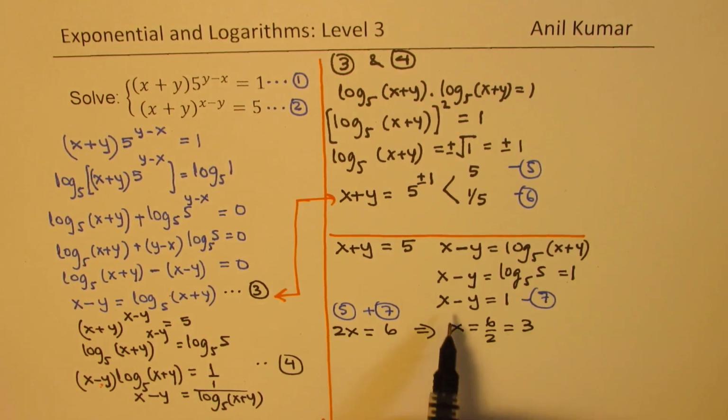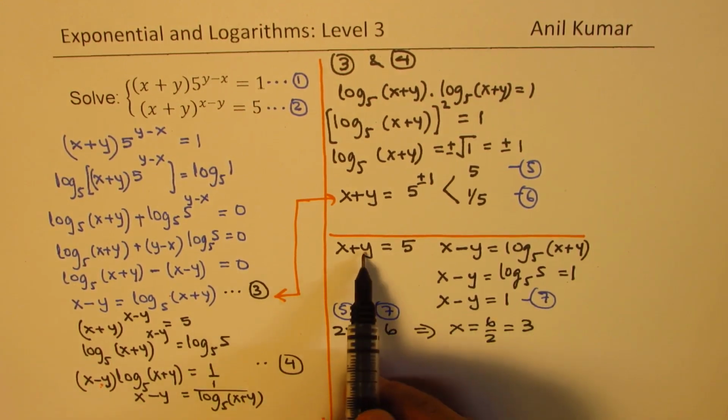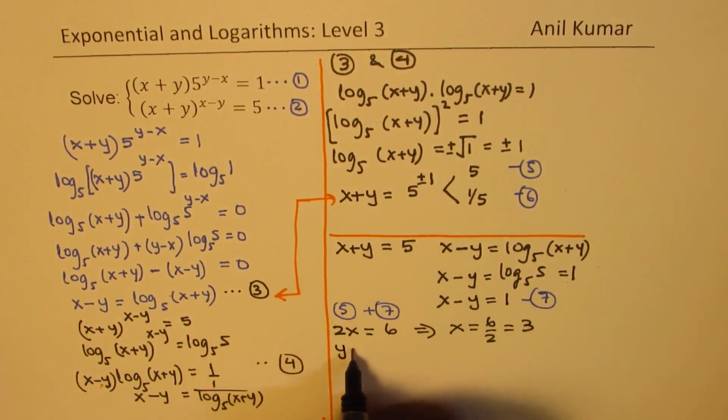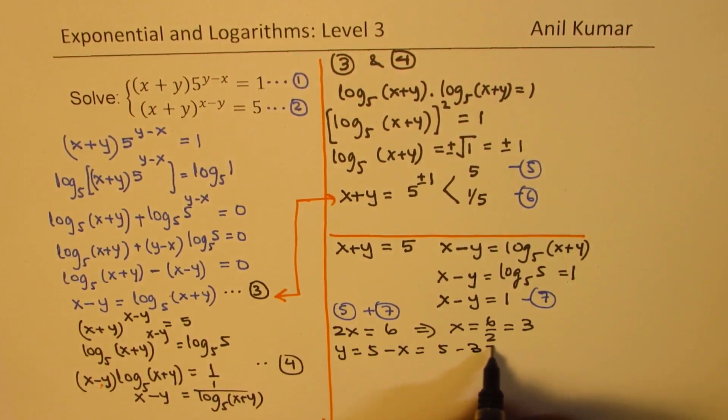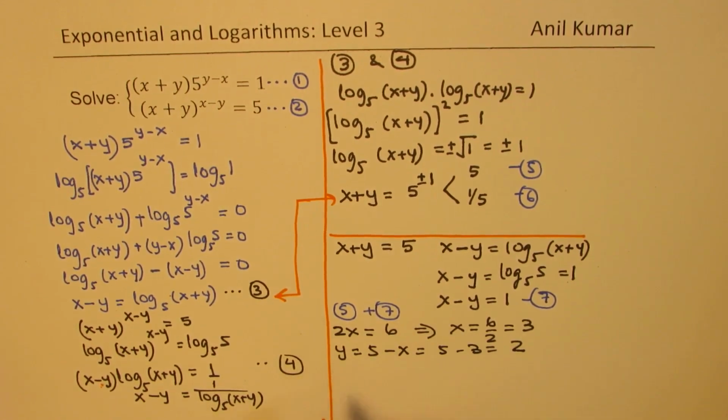Right, so if x is 3, then what is y? y is 5 minus x, so y is 5 minus 3 equals 2. So one set of values which you get here is 3 and 2, right? So 3 and 2 becomes one of the solutions. So I should say solution 1.